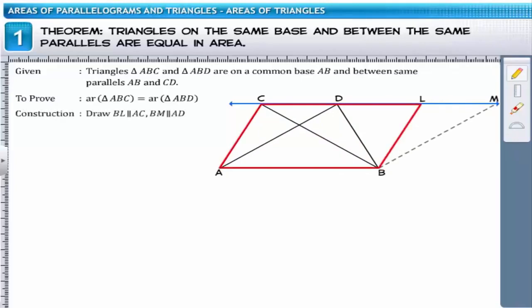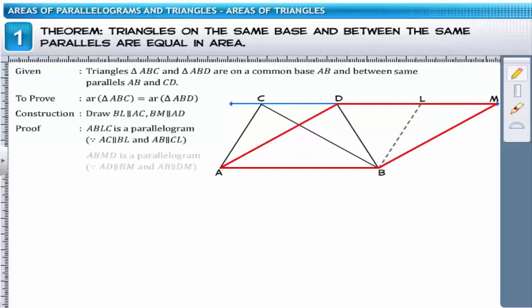The figure ABLC is a parallelogram because the opposite sides are parallel to each other. That is, AC is parallel to BL and AB is parallel to CL. Similarly, ABMD is also a parallelogram because the opposite sides are parallel to each other. That is, AD is parallel to BM and AB is parallel to DM.